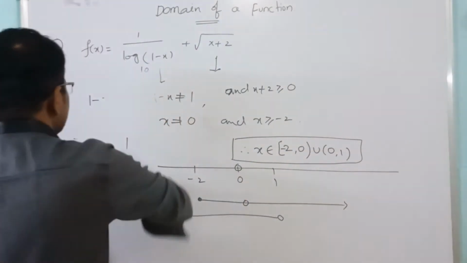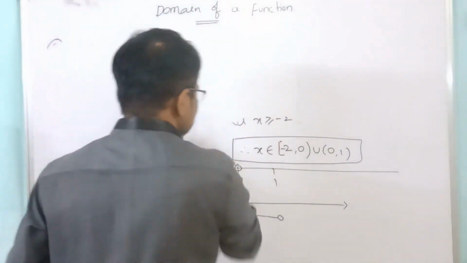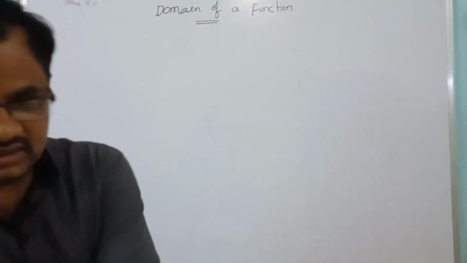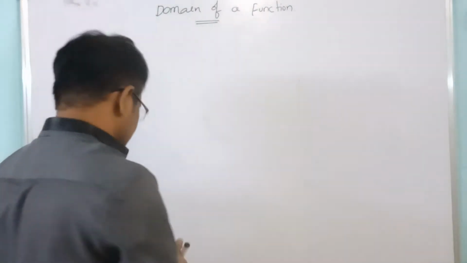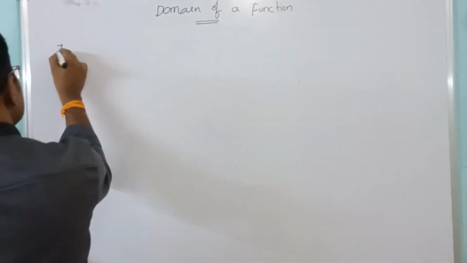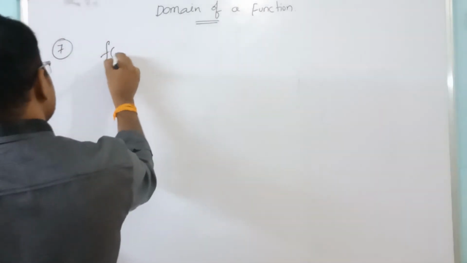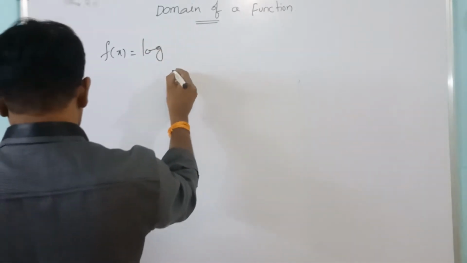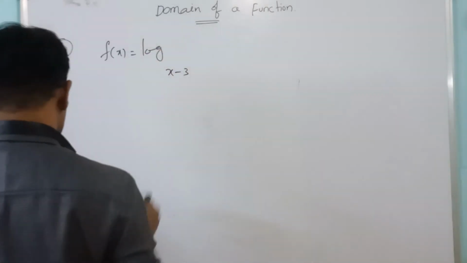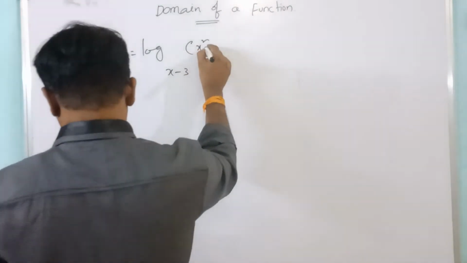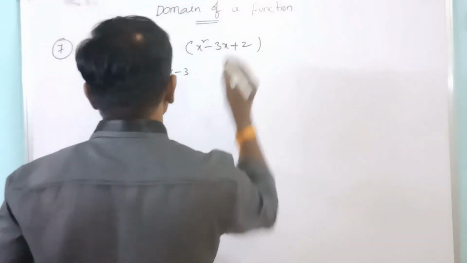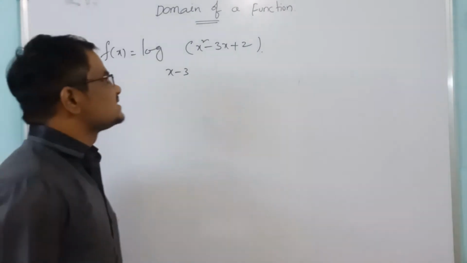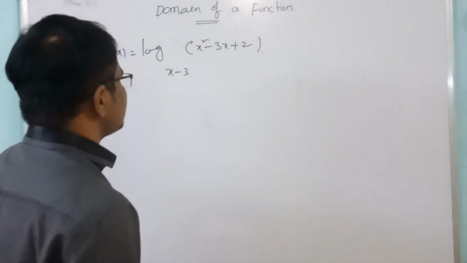Next, take the seventh problem. The seventh problem also involves a logarithmic function, that is f of x equal to log of x square minus 3x plus 2 to the base x minus 3.